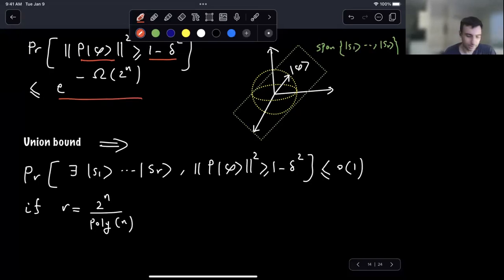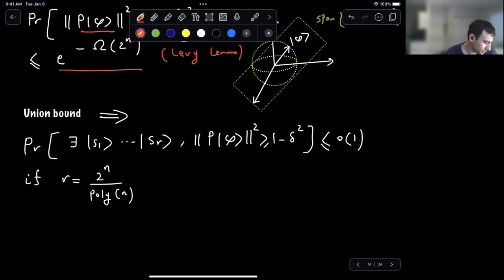If you look at this upper bound, it is double exponential, it's e to the power of some exponential number. And to show this result, you have to use some concentration inequality, in particular this Levy lemma. You can prove this result, that for a particular value of S1 to SR, this probability is small.